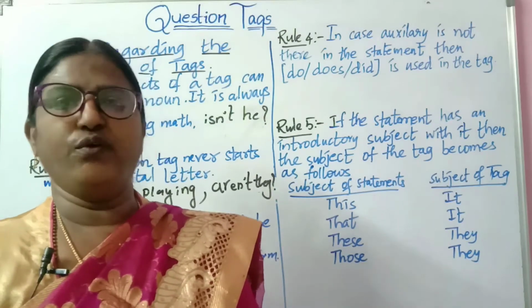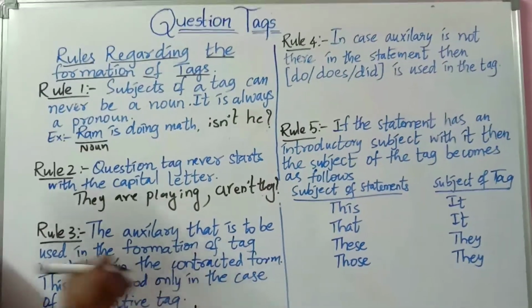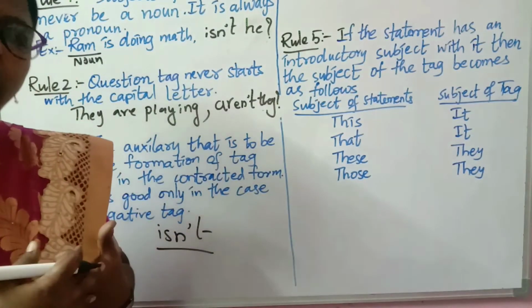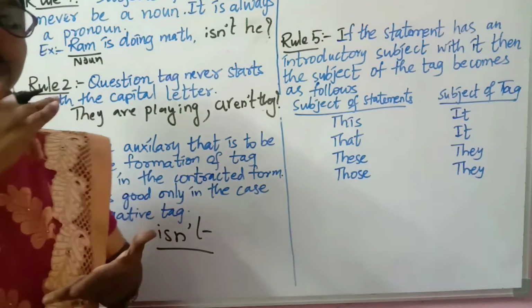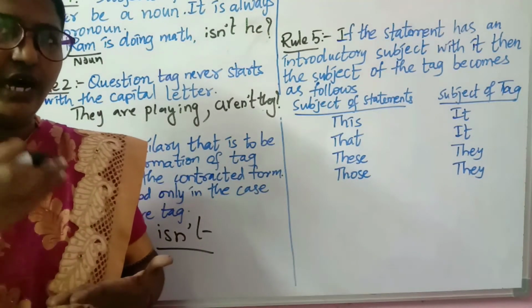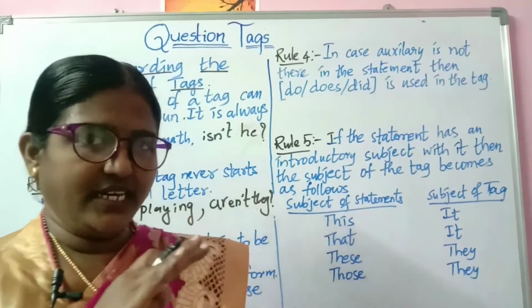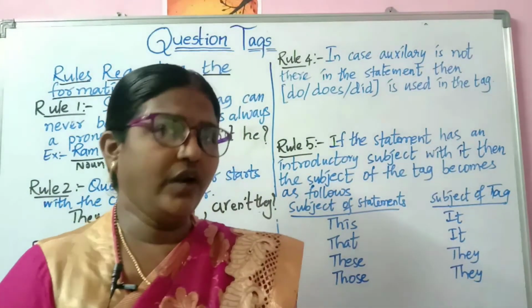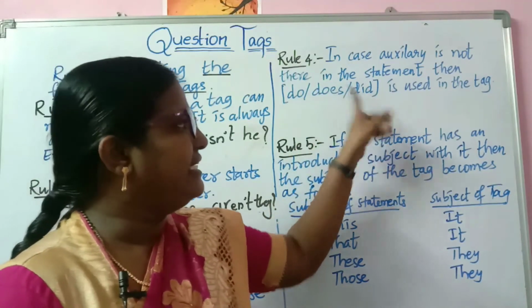We should always use contracted forms when we are writing negative question tags. Contracted forms in the sense of short forms. You have to always write in short forms. Rule 4. When there is no auxiliary in the statement, as I said earlier, what do we have to take? We have to take do, does, did.